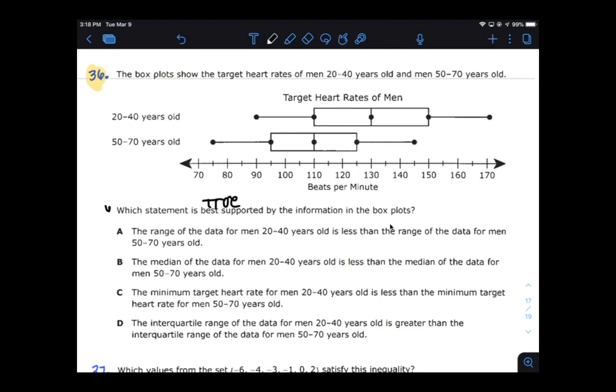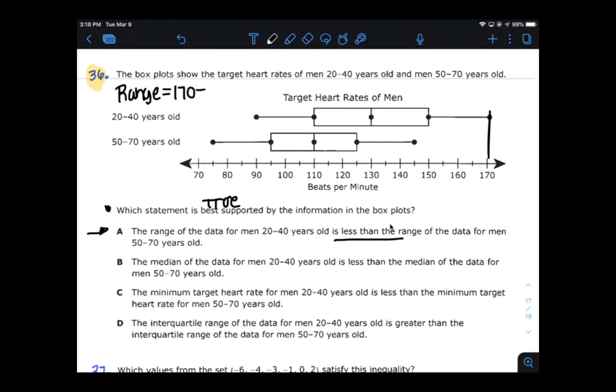So let's look at answer choice A. It says the range of the data for men 20 to 40 years old is less than the range of the data for men 50 to 70 years old. So we need to find the range for each of the box plots. You figure out the range by subtracting the least value from the greatest value.